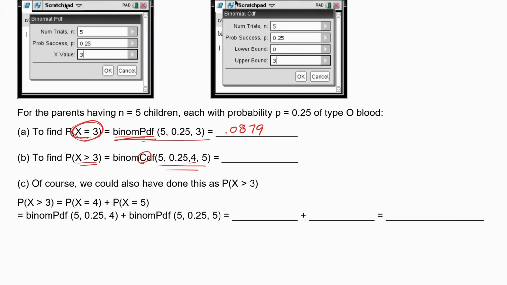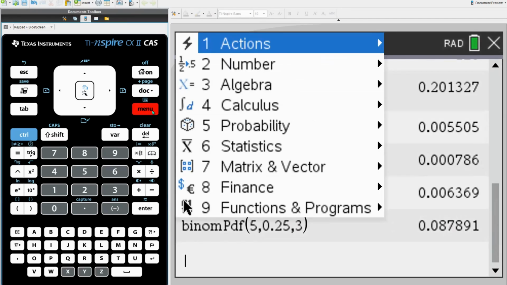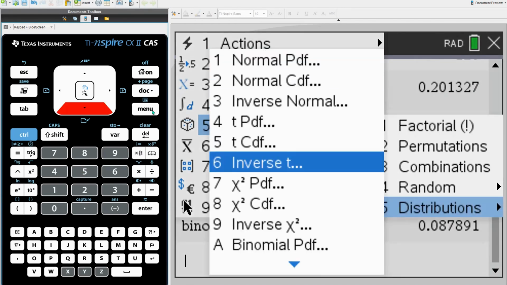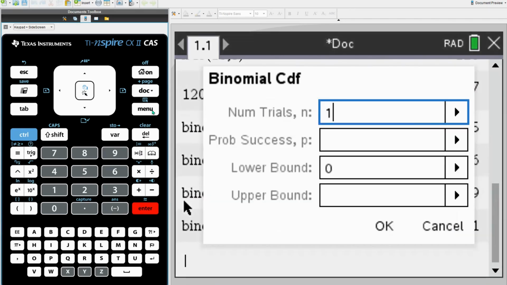If you're looking for more than 3, then you would use a CDF, lower bound 4, upper bound 5. And again, that's under menu, probability, distributions, and this should be option B for the CDF. Number of trials, 5, probability of success, 0.25.